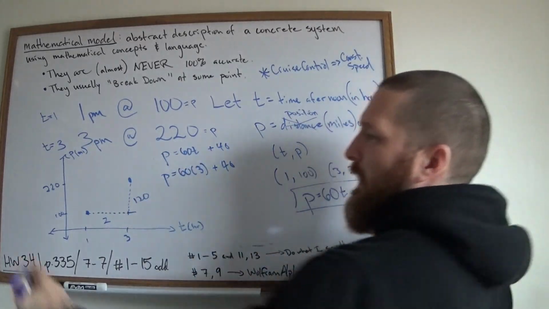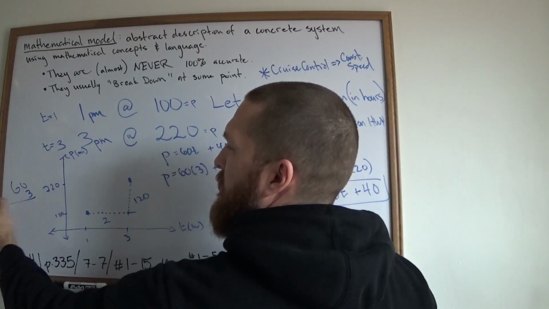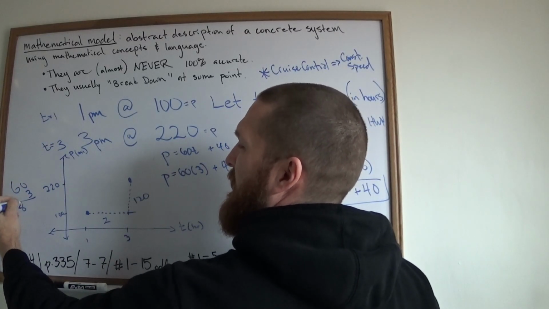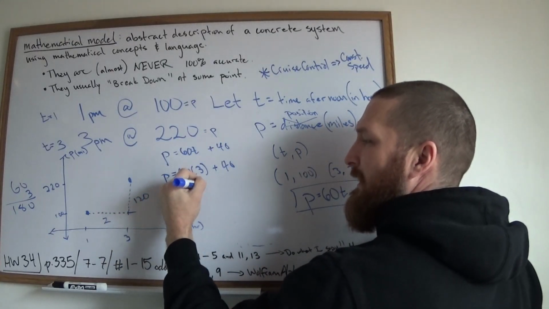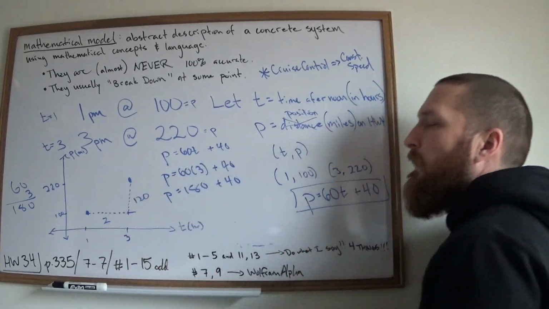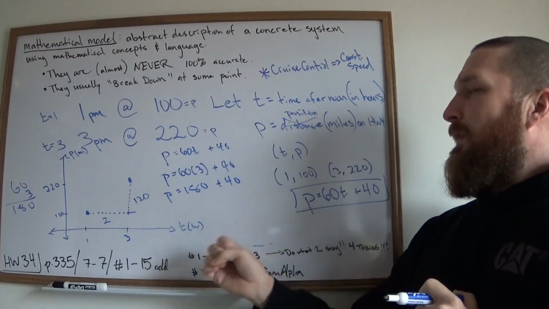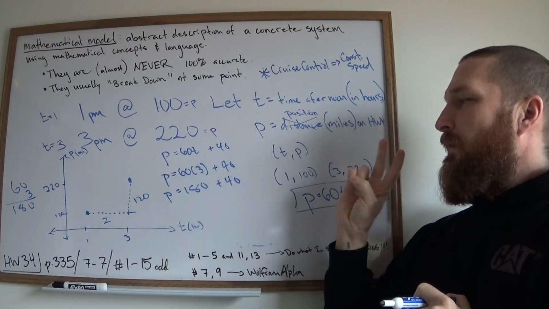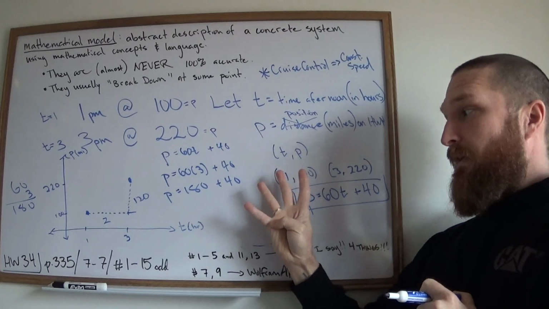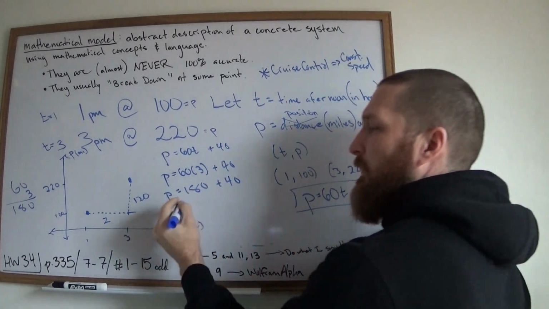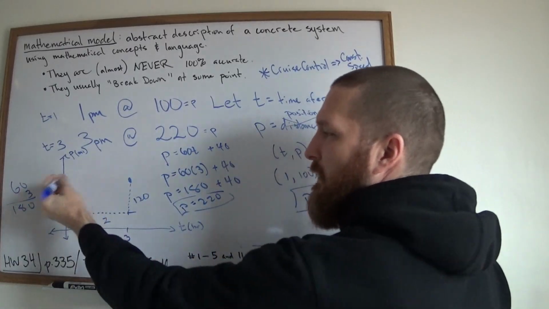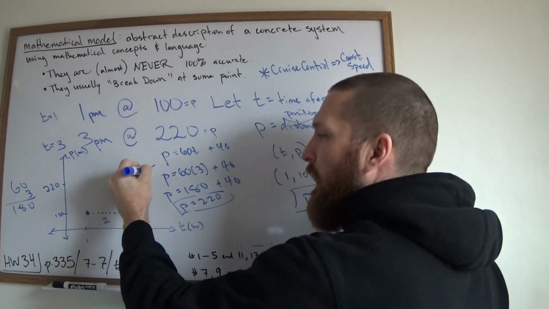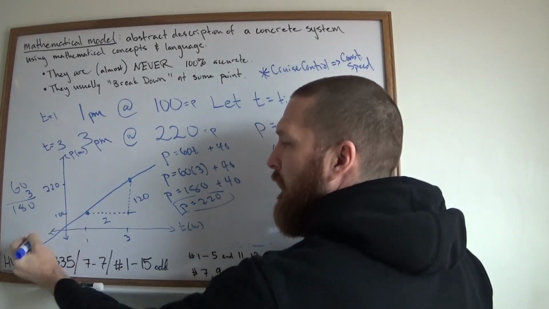Now, 60 times 3, that's 6 times 3, which is 18, and then the 0. So 180. There you go. P equals 180 plus 40. Let's count by tens: 180, 190, 200, 210, 220. There you go. So 180 plus 40 is P equals 220. Nice. And we could draw our line like this if we wanted.